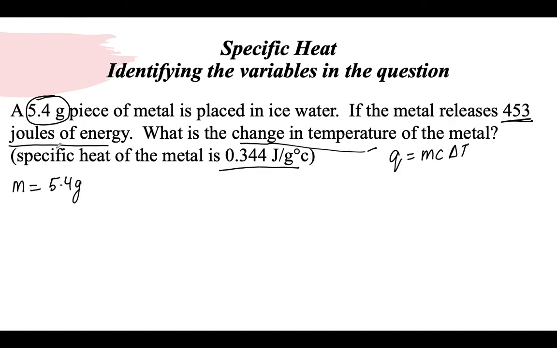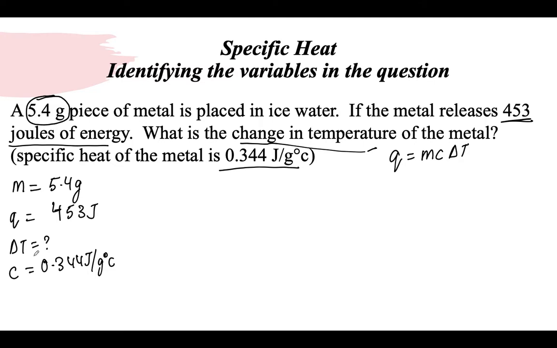The energy is given in joules. Q equals 453 joules. And then you need to figure out the change in temperature with your C being 0.344 joules per gram degrees Celsius.